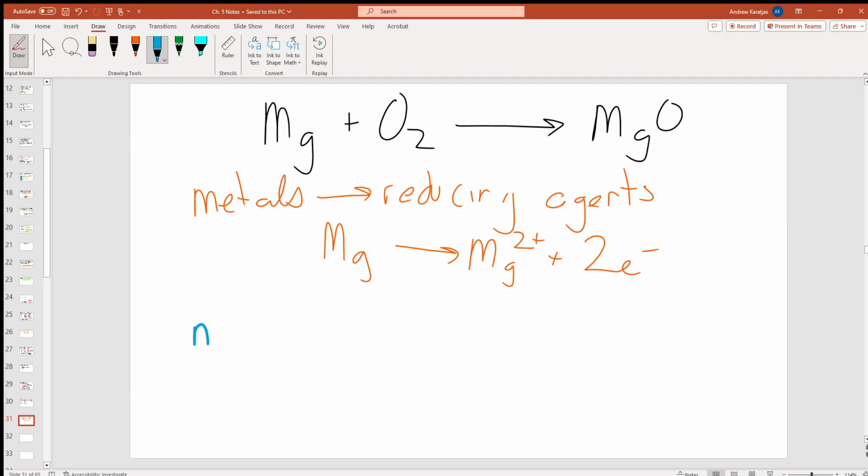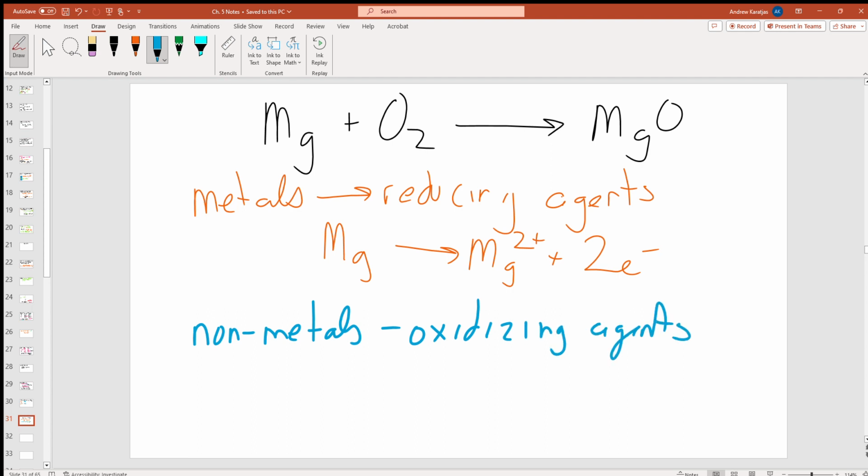On the other hand, nonmetals, which of course oxygen is one, generally like to gain electrons. They often serve as oxidizing agents. And here we find that O2 plus 4 electrons forms 2 oxygen 2 minus.